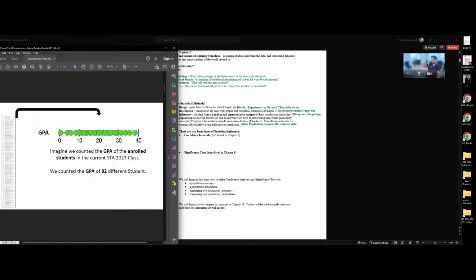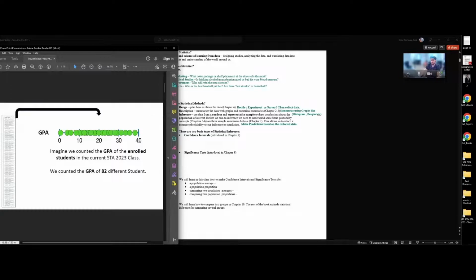This is how we collect the data. We wanted to know the average GPA of the students, right? And so we ask each individual student for their GPA. This is the design phase.